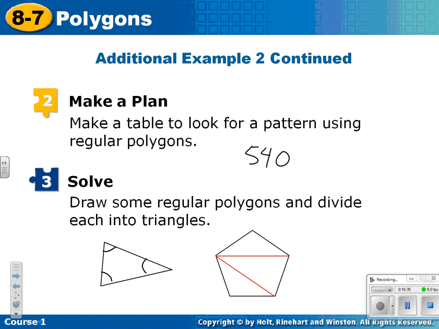So how do I solve that problem? What do I do? 540 divided by 5 equals 108. That means that this is 108, which means that that is 108, which means that that is 108. Does that make sense?